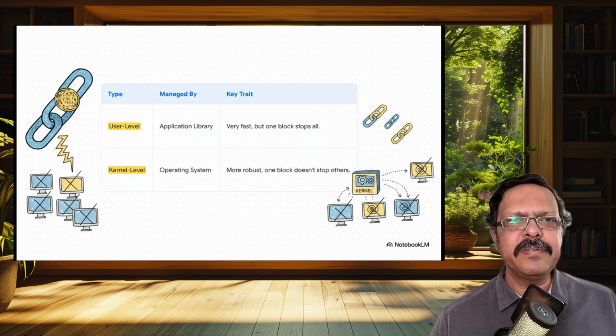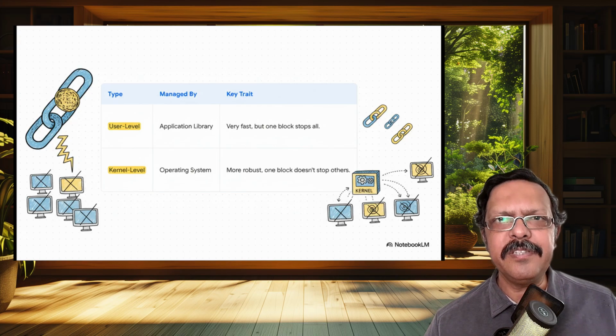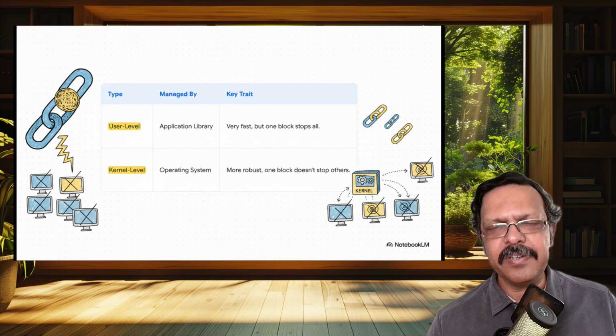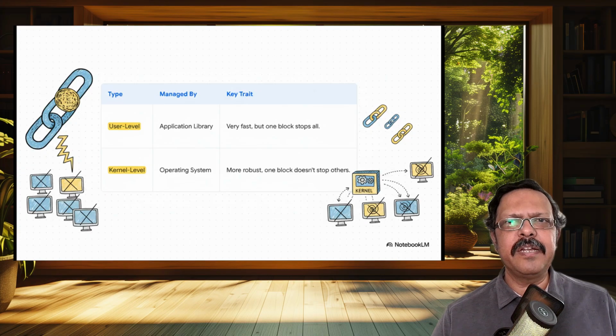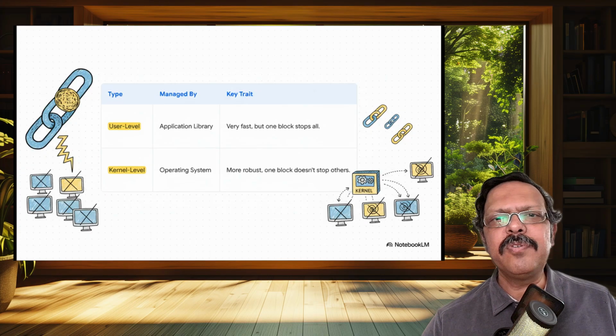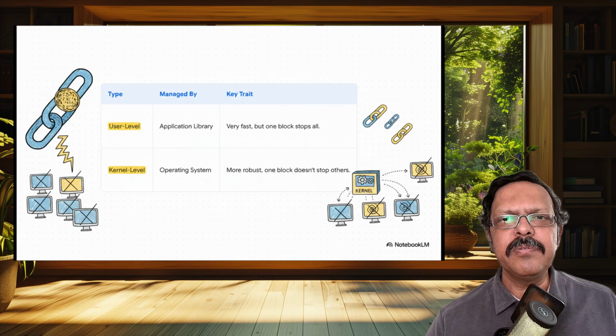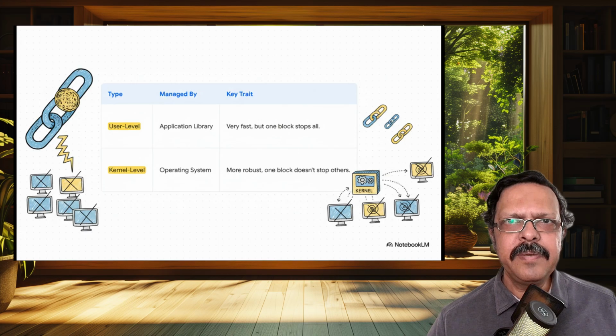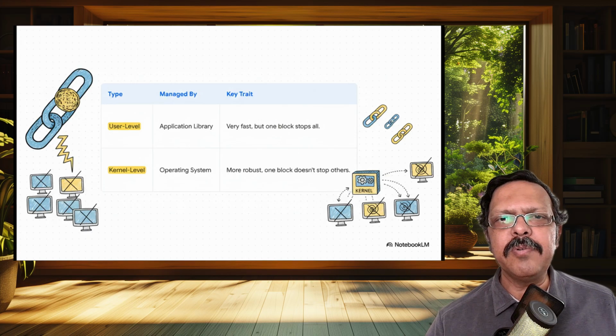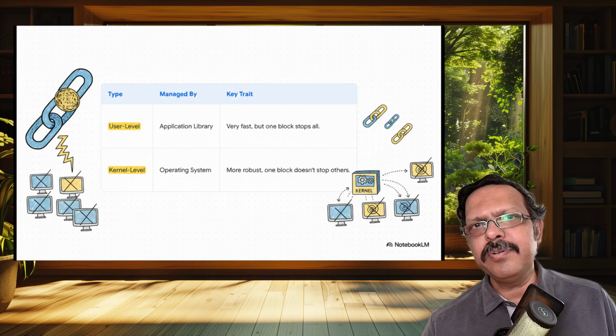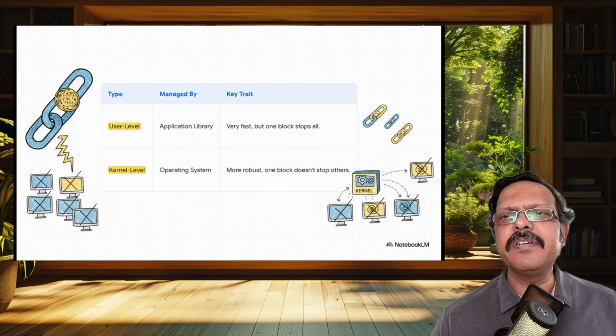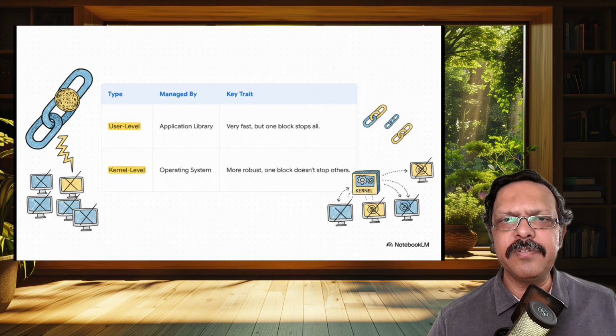Because there are many cases where the application can take a decision on when to pause a thread. The OS would not know that. The CPU would not know that. So if you are running, let's say, a CPU that supports 4 threads, and you have all 4 of them blocked on IO, the CPU may not know that. It has to wait for its timeouts and then release one of the threads.